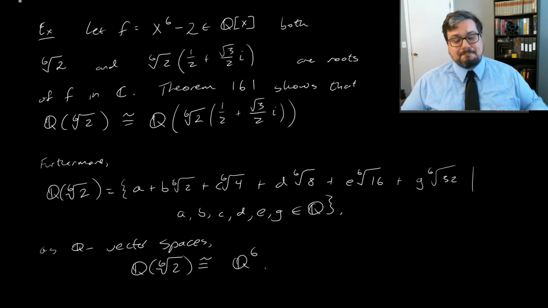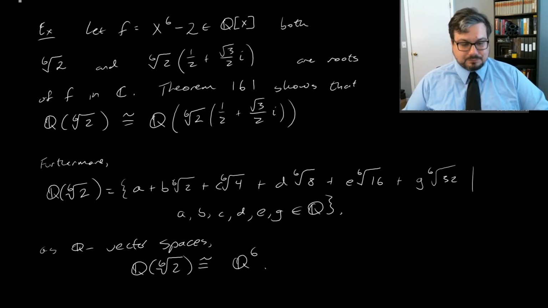Remember the point we made a little while ago, that when we write down an isomorphism of two things, we have to be careful to say an isomorphism as what? These are isomorphic as Q vector spaces, not as anything stronger. But it does mean that every element of this set can be written uniquely using a 6x1 vector of rational numbers.